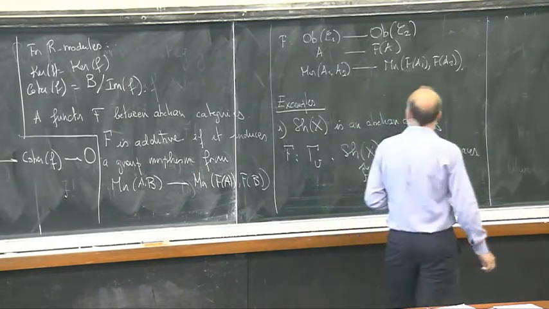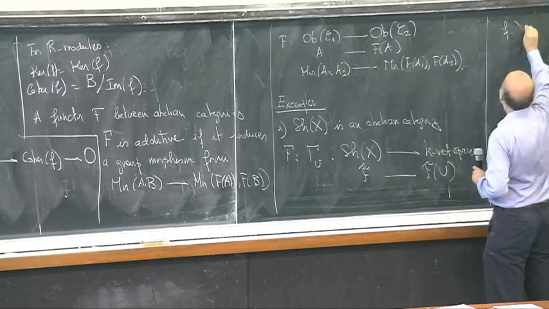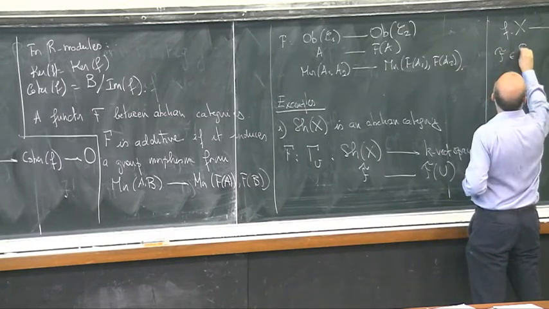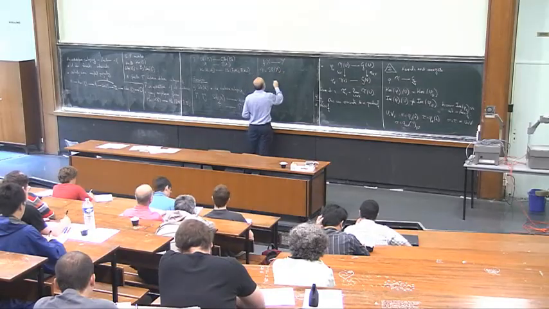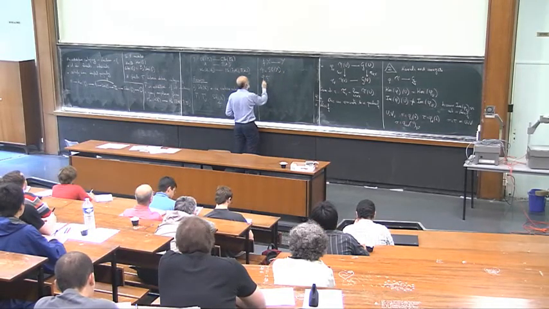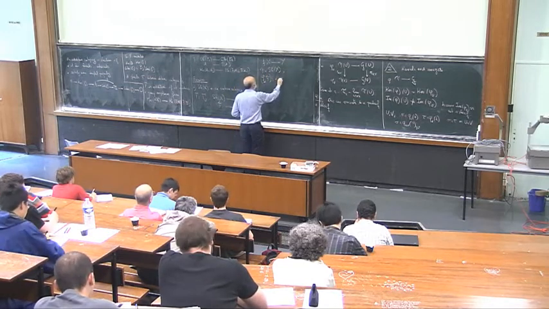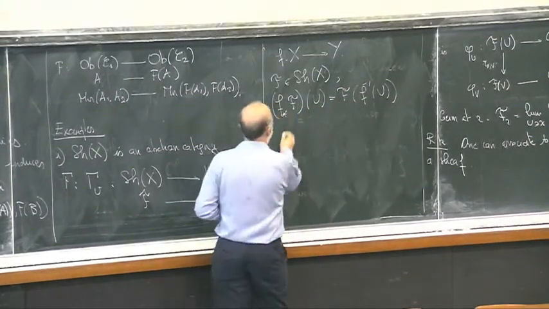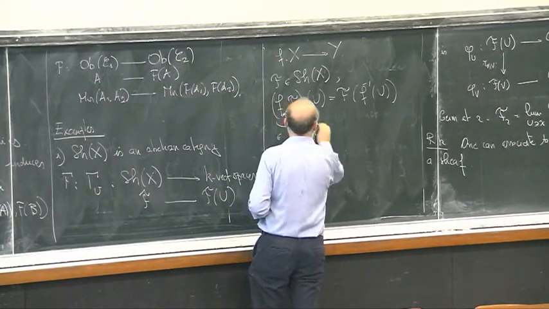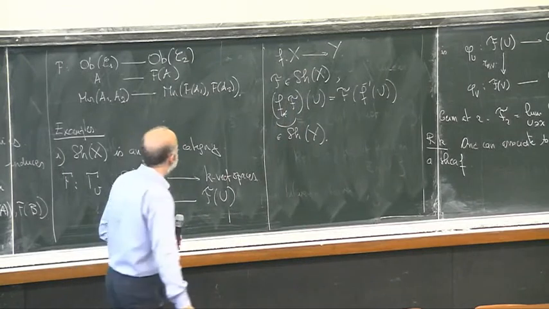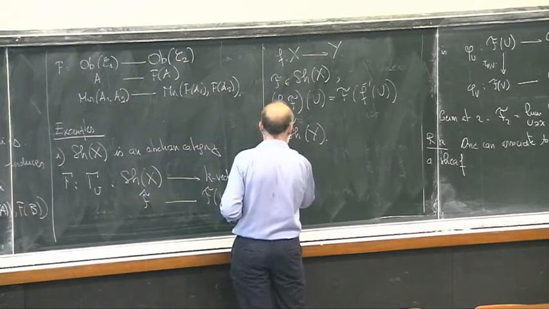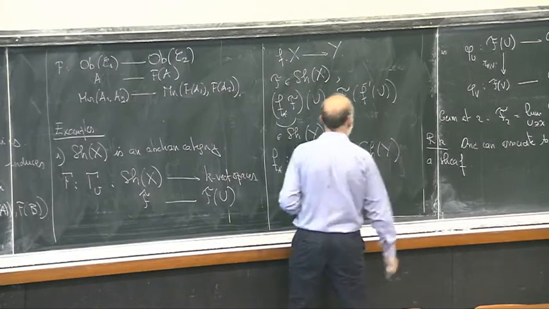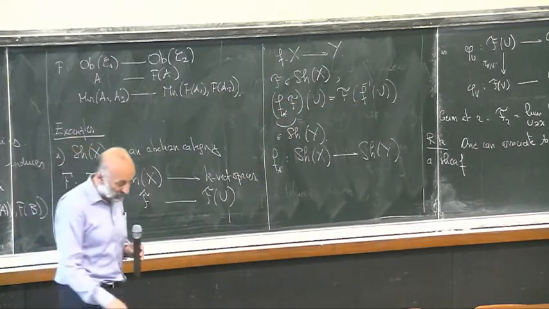That's one example. Another example is that if you have a map f from X to Y, and if F is a sheaf over X, you can define f lower star of F by f lower star of F of U is F of f minus 1 of U. And so this belongs to the sheaves over Y. So you have another functor here, denoted by f star, which sends sheaves over X to sheaves over Y, and this is again an additive functor.